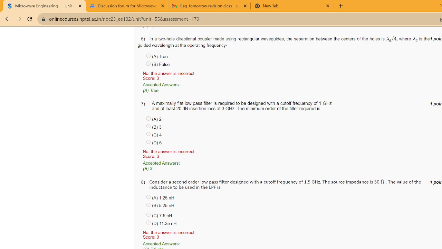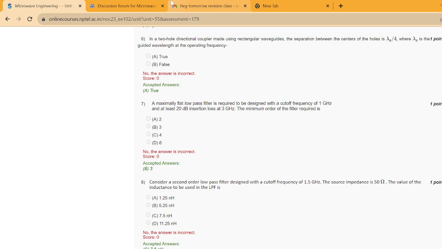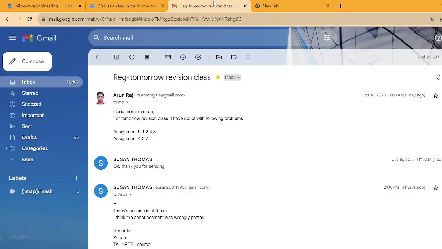Okay, madam. Madam, inductance value 7.9 nanohenry. Correct. Okay, madam.